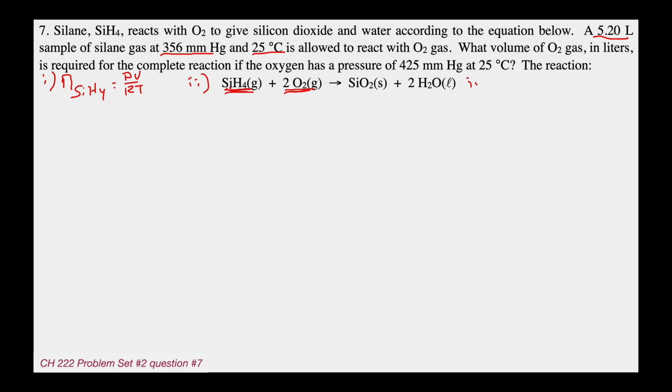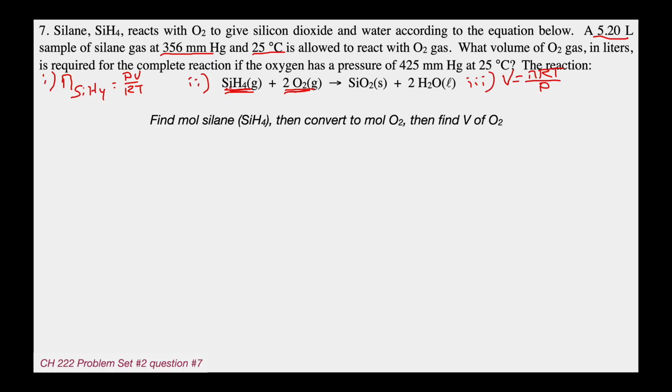In the final step, step 3, we want to find the volume of oxygen gas. Volume by the ideal gas law, nRT over P. We've got the pressure, we have the temperature. We're going to calculate the moles in step 2, so the only thing we don't have will be the volume.